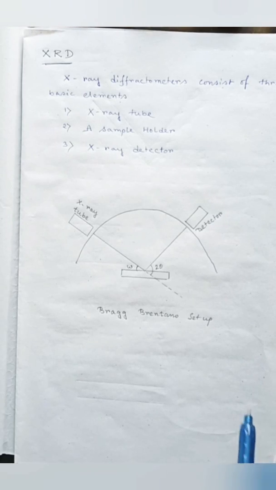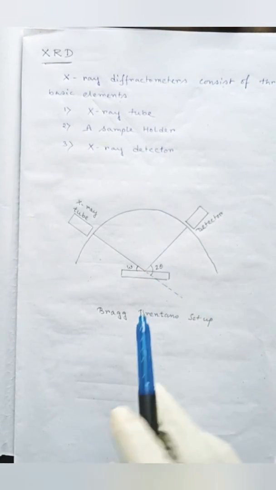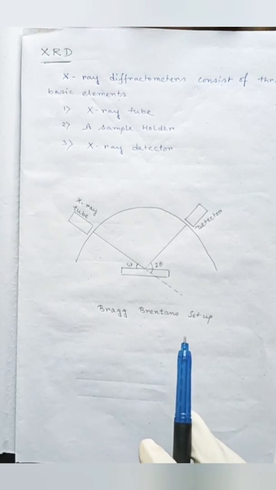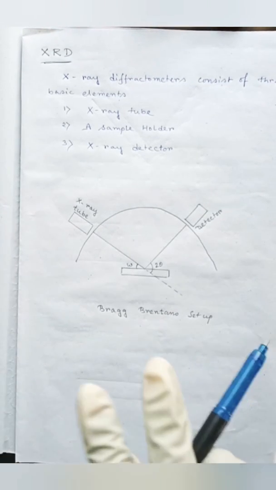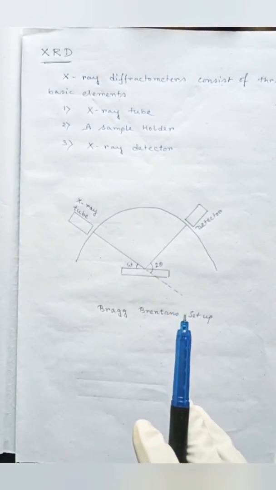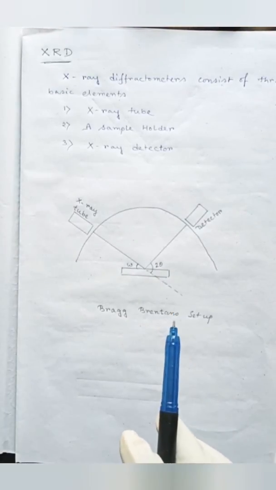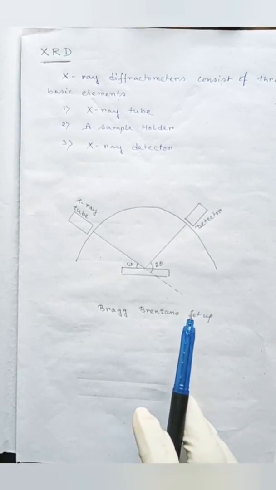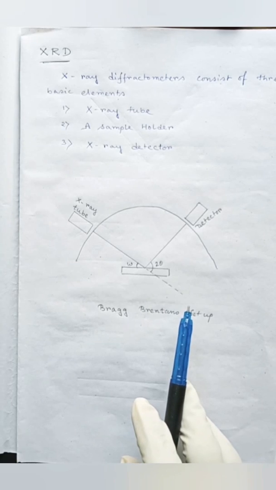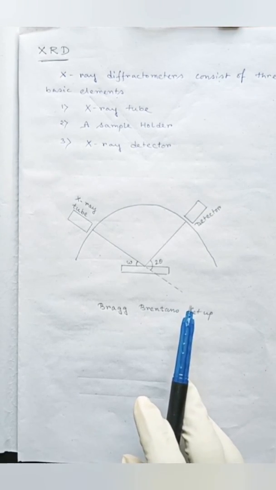Now I told you that there are three parts in the XRD machine. Two of these three main parts will rotate. For many machines, the source is static and the sample and detector rotate. But for others, the sample is fixed and the other two rotate.